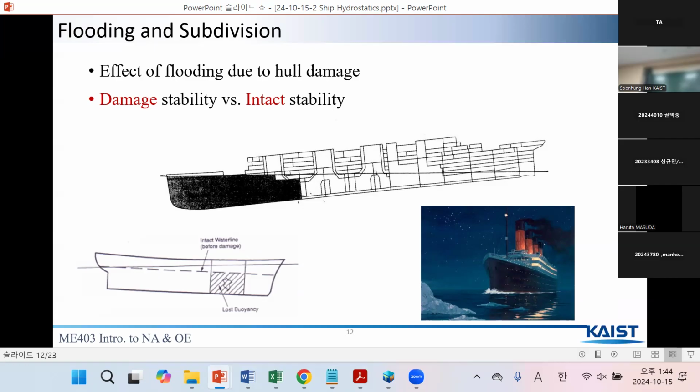Anyway, we say this is damage stability rather than intact stability. Before, when calculating GM, there was no damage, right? So we call this intact stability, only GM. But damage stability has different cases. Water is coming inside, so the calculation is similar but different.